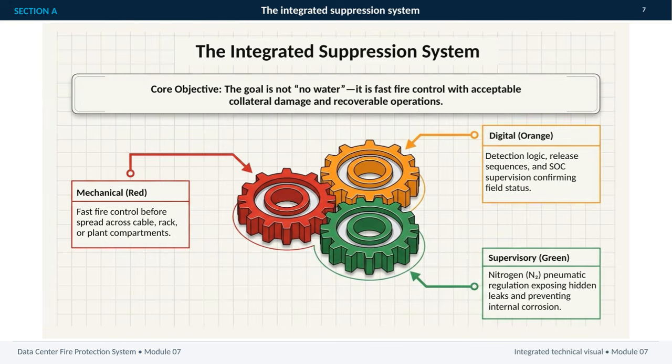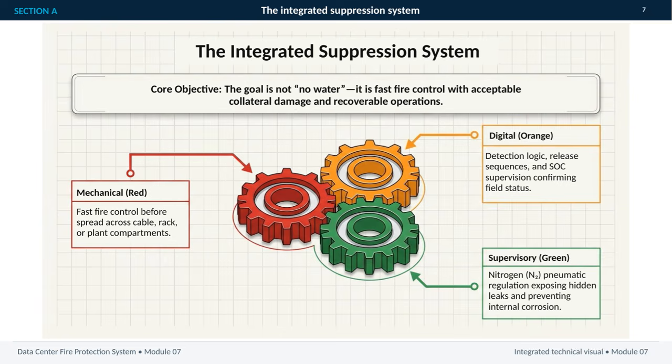The second layer is digital, shown in orange. This includes detection logic, release sequences, and supervision through the SOC, confirming what is happening in the field and supporting the correct sequence of action. The third layer is supervisory, shown in green. Nitrogen, or N2, pneumatic regulation helps expose hidden leaks and prevents internal corrosion.